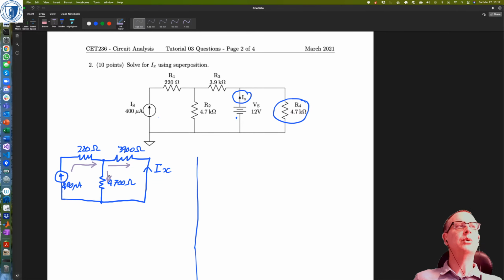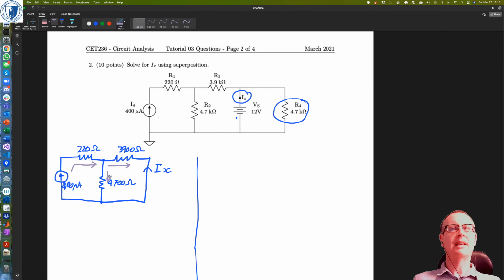So I could just use a current divider. The only slight wrinkle in using a current divider approach is that the way I've drawn my purple current going through the 3900 ohm resistor, it's going in the opposite direction of IX.